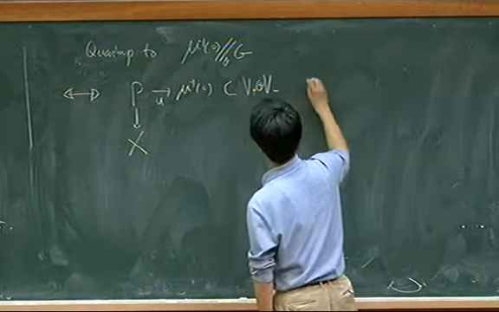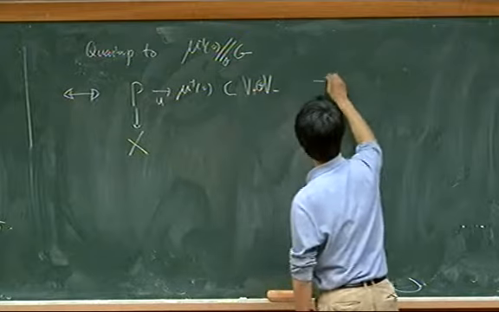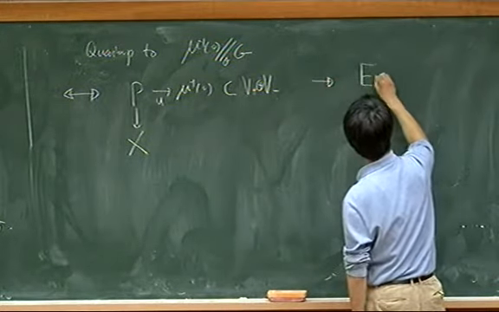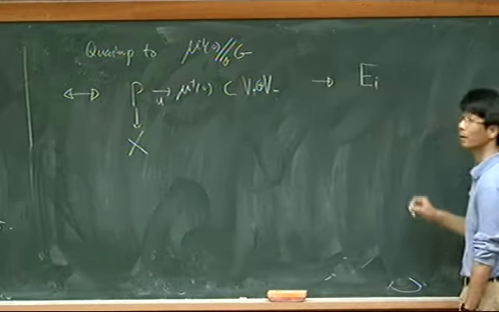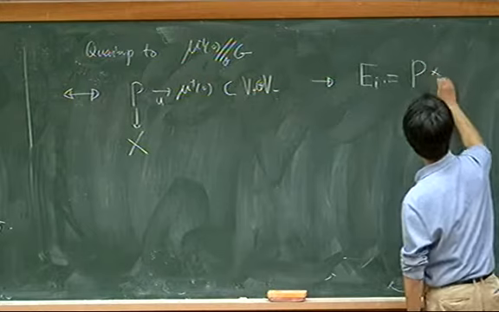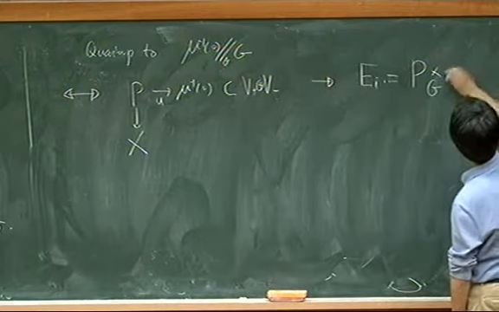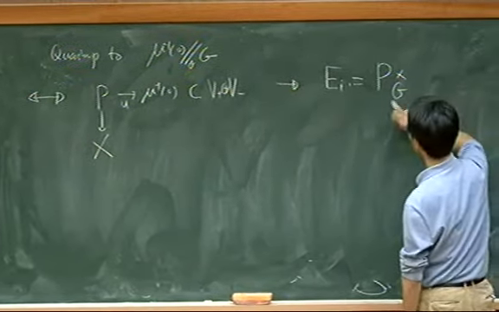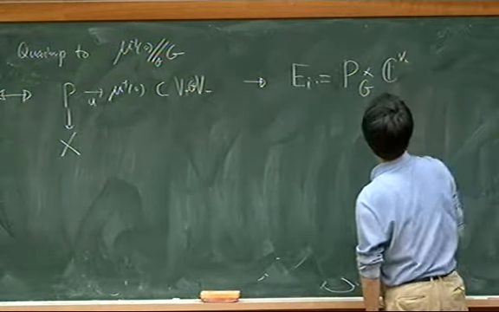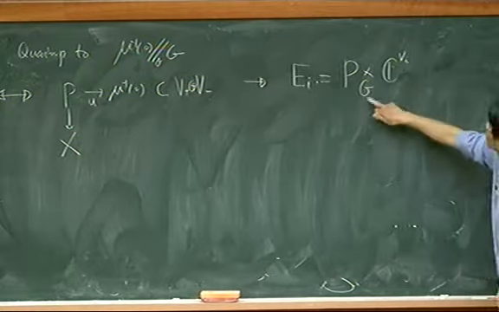Before going on, from the principal bundle, let's construct vector bundles E_i for each vertex i. Define P times_G of this representation of the group G, C^{V_i}. The group G acts here in the standard way.